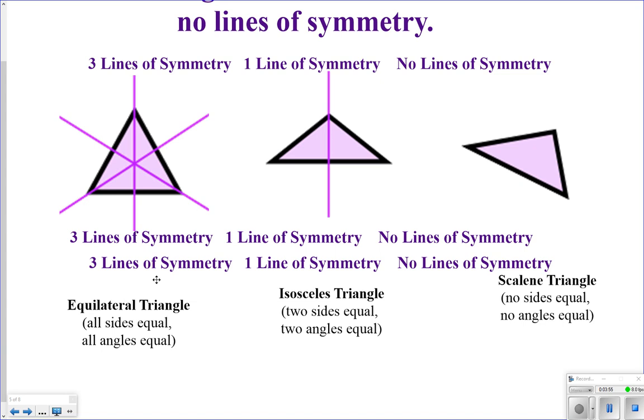The equilateral triangle has three lines of symmetry. The isosceles triangle, which has two equal sides and two equal angles, has just one line of symmetry. The scalene triangle has no equal sides and no equal angles, so it doesn't have any lines of symmetry.